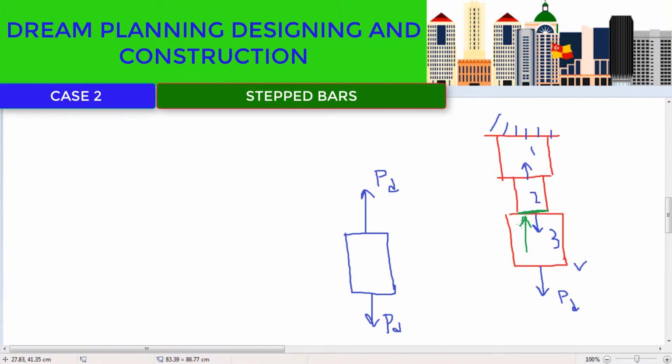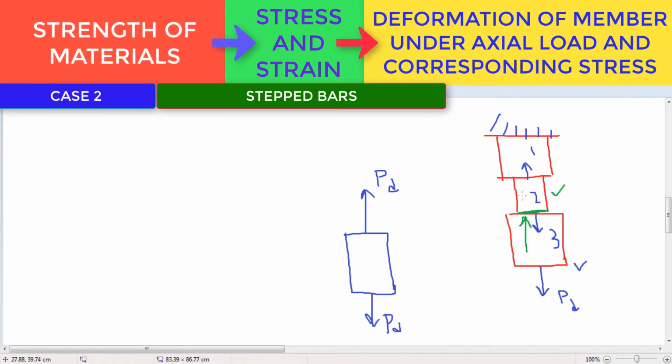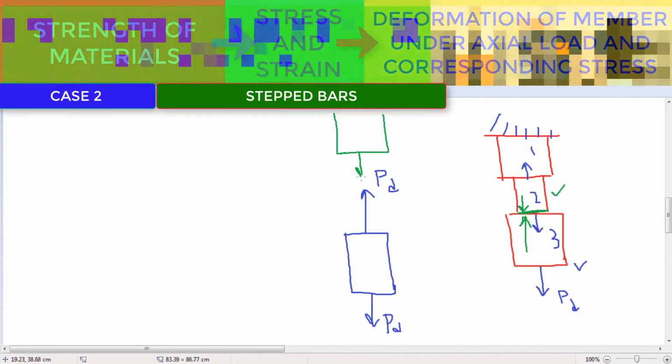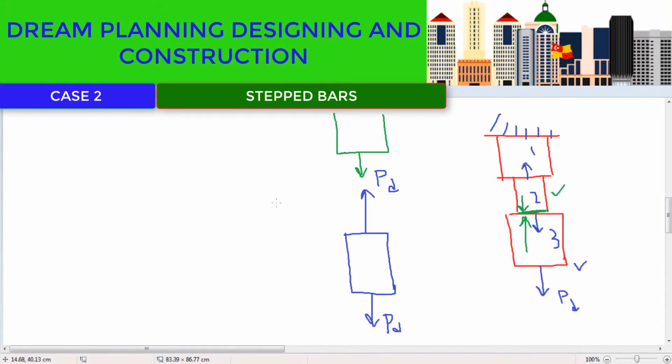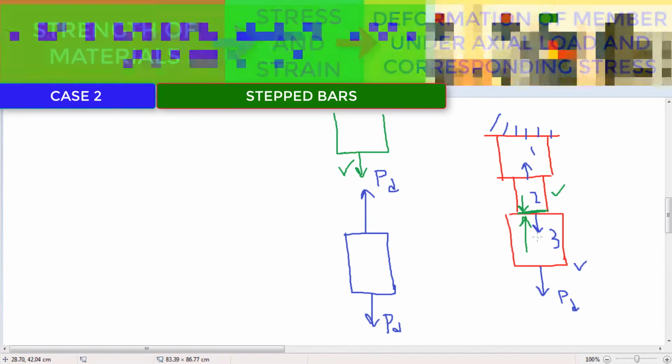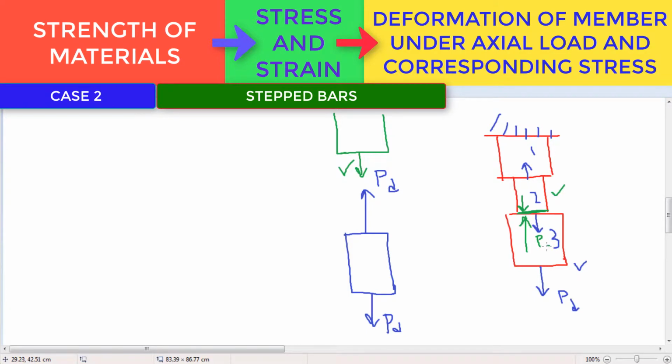So we know that each action has an equal and opposite reaction. So from this second member there is an opposite reaction. If we draw the second member, then from this PD also acts in this direction, that is downward, that is PD plus PC.